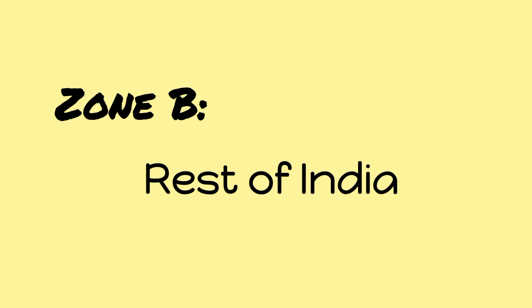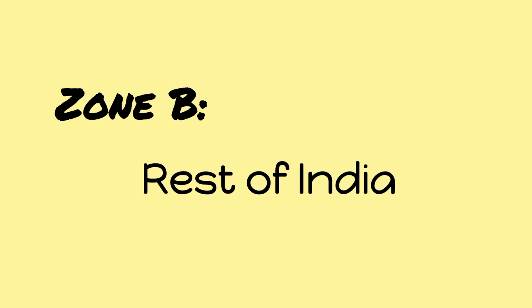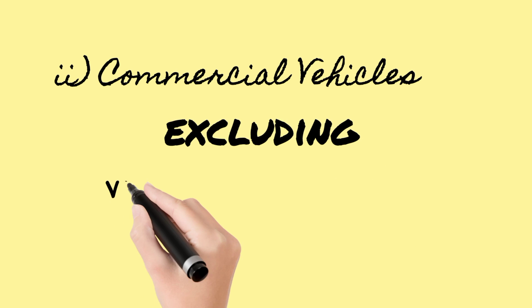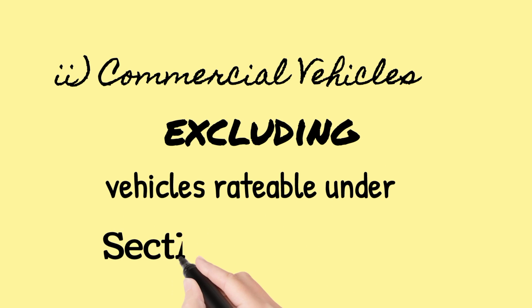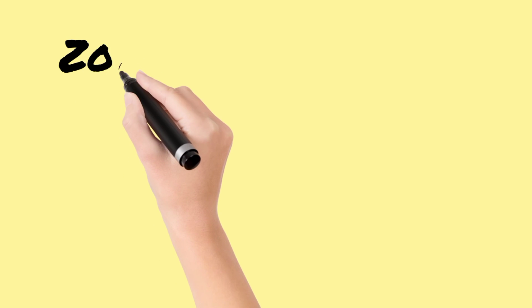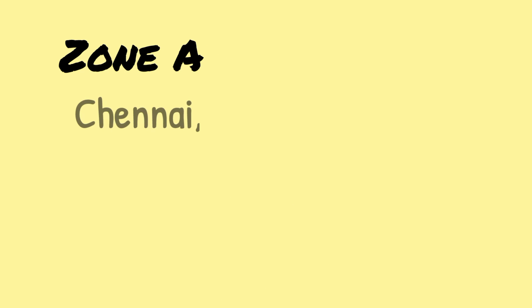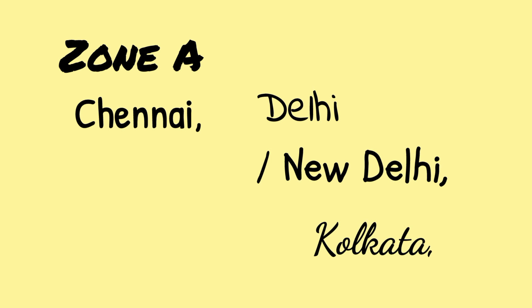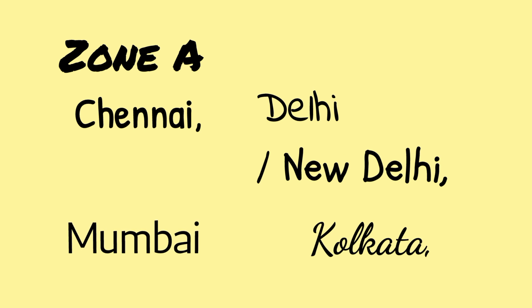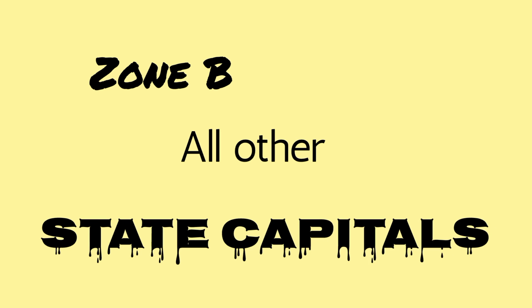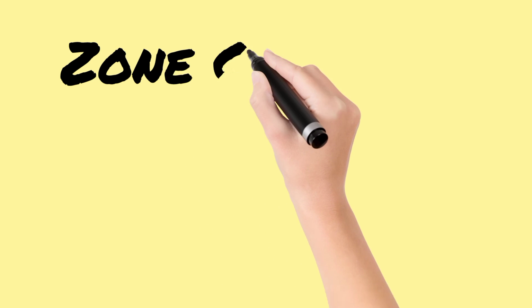Zone B, rest of India. Commercial vehicles, excluding vehicles rateable under Section 4, C1 and C4: Zone A, Chennai, Delhi, New Delhi, Kolkata, Mumbai. Zone B, all other state capitals. Zone C, rest of India.